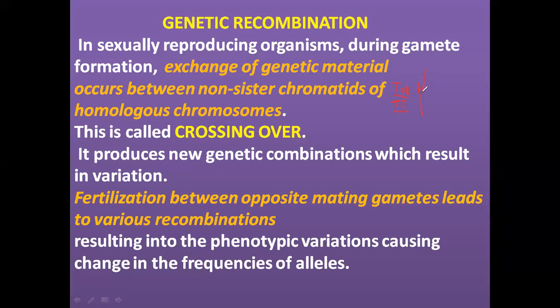So this is the phenotypic character. We can see this plant as dwarf or short. We can tell this on the basis of phenotypic appearance. So this is the difference between phenotype and genotype, resulting in phenotypic variation causing changes in the frequencies of alleles. So this is about genetic recombination.